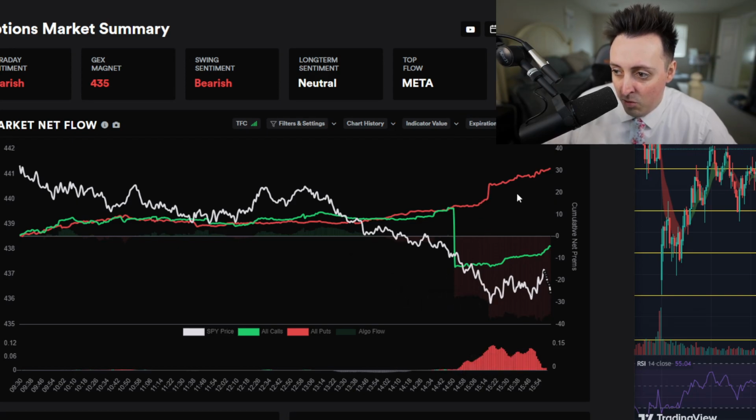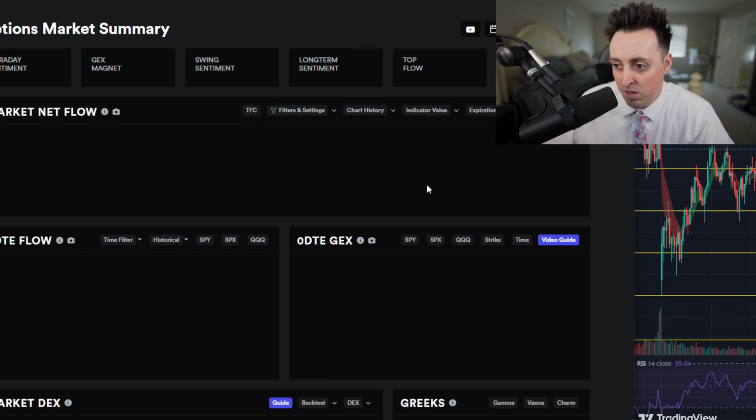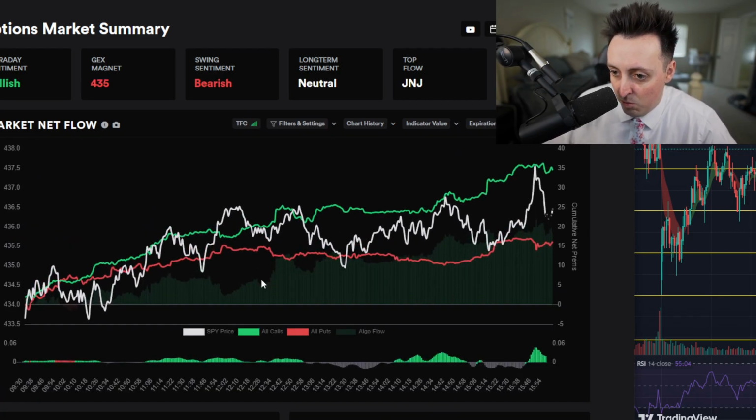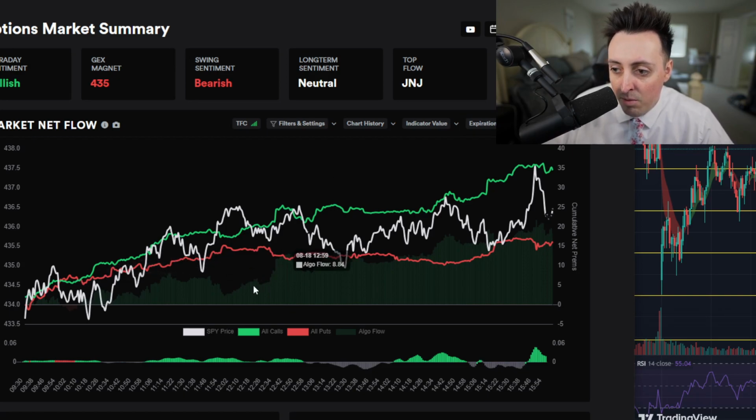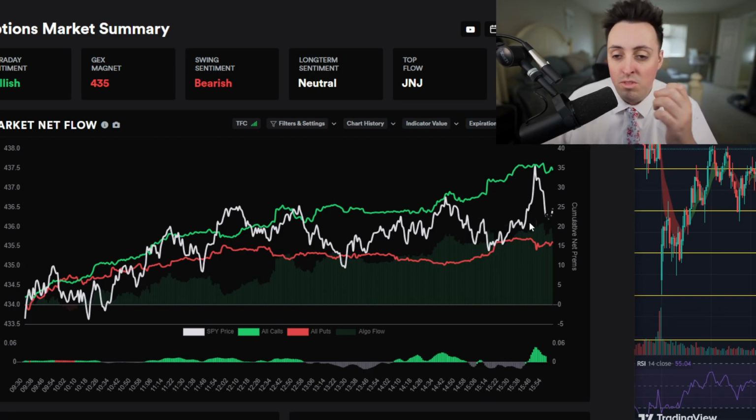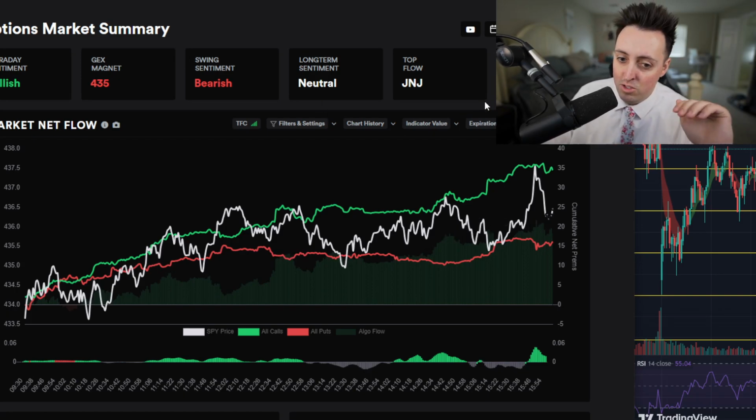You want to look for a divergence between calls and puts, like it was later on in the day. And then Friday it was kind of rough too because calls and puts were both going up. So it gets kind of messy when they're close together like they were early in the morning, but also if they're both going up at the same time. That's just something to note as you look at these charts.